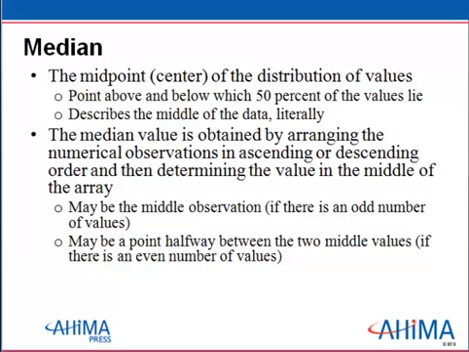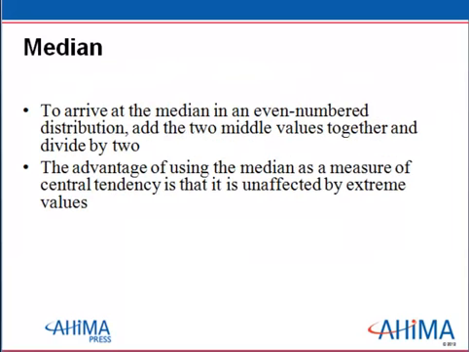This may be the middle observation if there is an odd number of values, or a point halfway between the two middle values if there is an even number of values. To arrive at the median in an even number distribution, we add the two middle values together and divide those by 2. When the two middle values are the same number, the median is then that value.